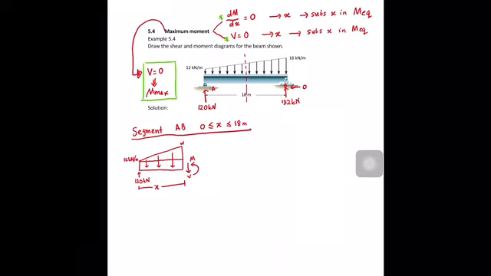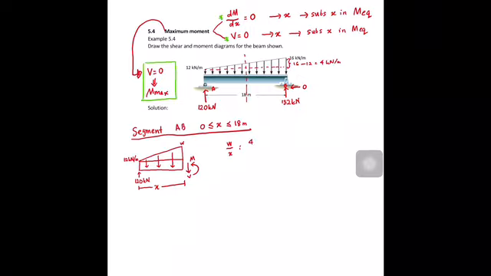Okay, so the ratio of the smaller triangle with the big triangle. The big triangle is here. What is the magnitude here? Which is 16 minus 12 is equal to 4 kilonewton per meter.